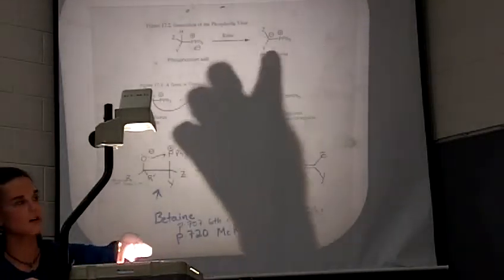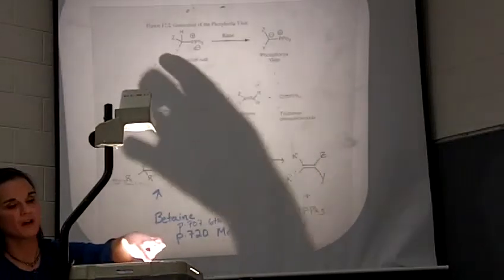I'm going to put this up here and then also go through drawing it on the board for you. So this is the first part that I've showed you. We can use a base to take our phosphonium salt and make the phosphorus ylid from it. So I just forgot to put over here some sort of base. Okay.